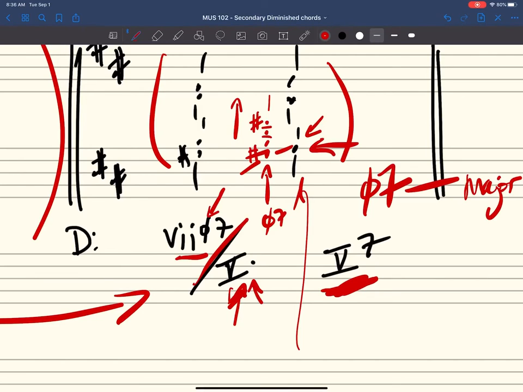It's way too many possibilities for you to make mistakes. All you have to know is what's the root? It's G sharp, A major, and that's it. Stack up thirds, put the key signature on, and you've got it, and it will always be correct.